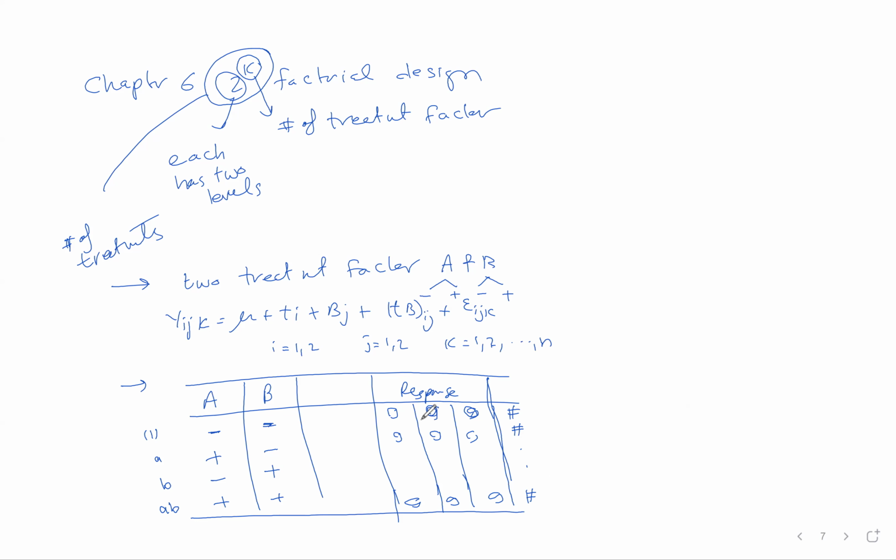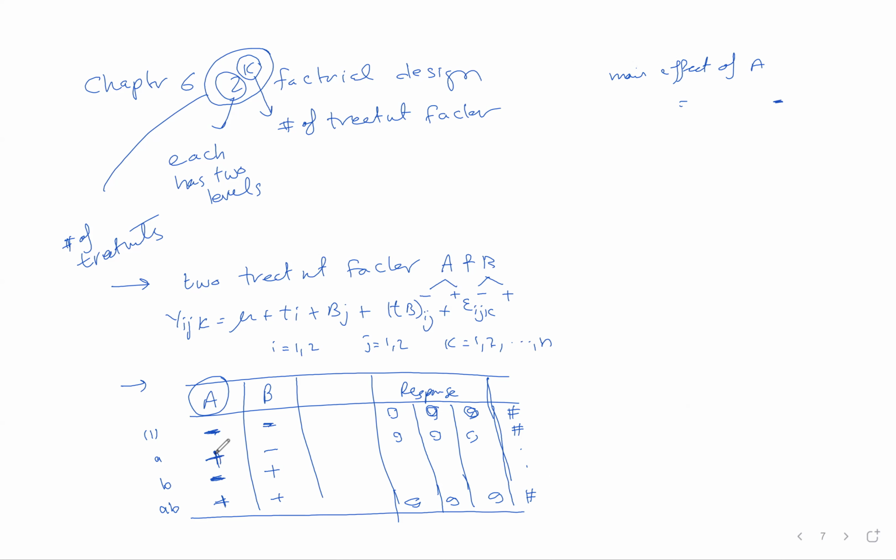So how do I calculate the main effect of A? The main effect of A, for example. You calculate the average of pluses minus the average of minuses. So A has 2 levels, minus and plus.